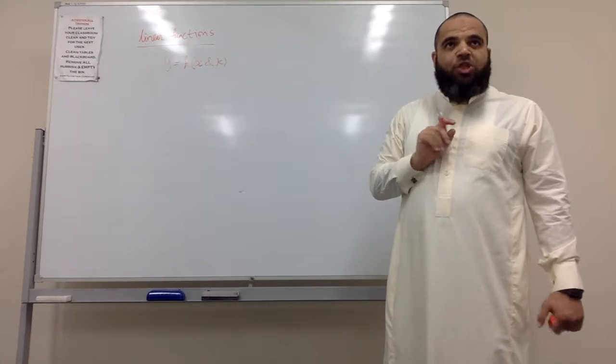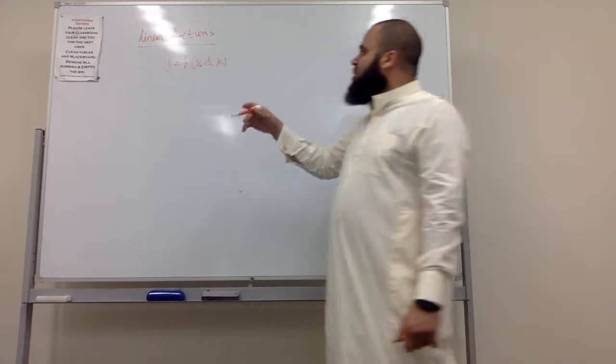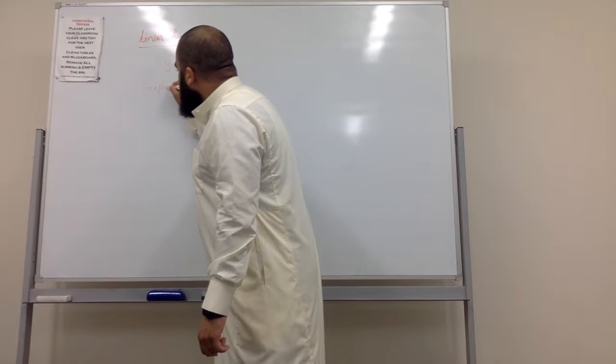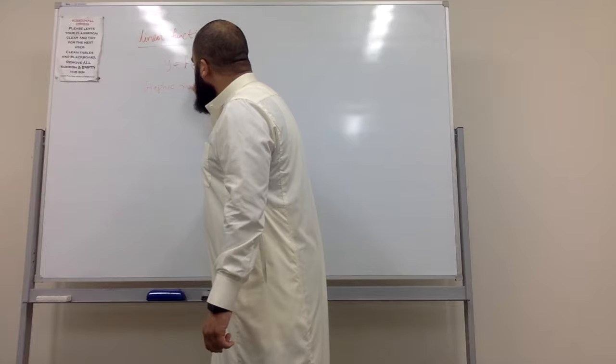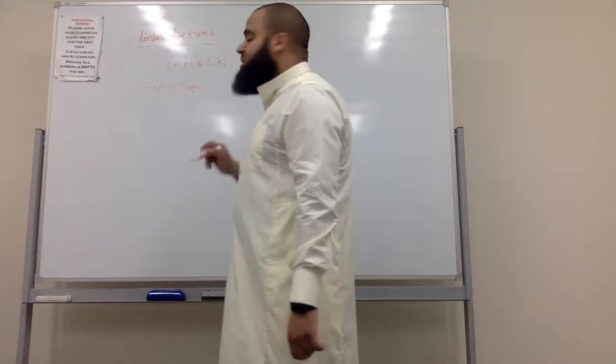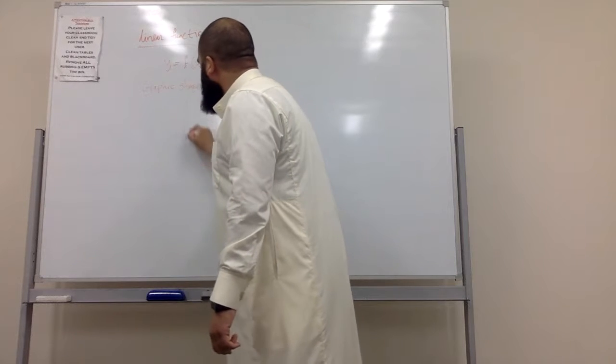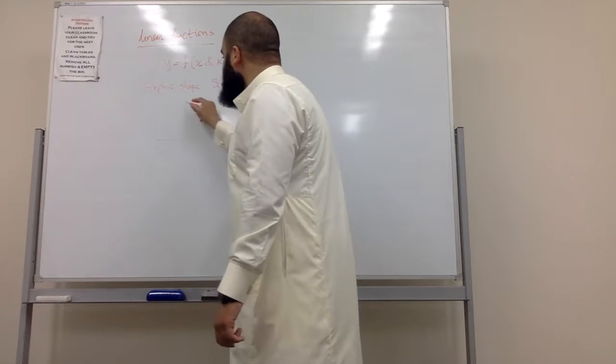Okay? So we called it linear because its graph shape, the graphic shape, is straight line. Straight line. Like this. So these are the axes.